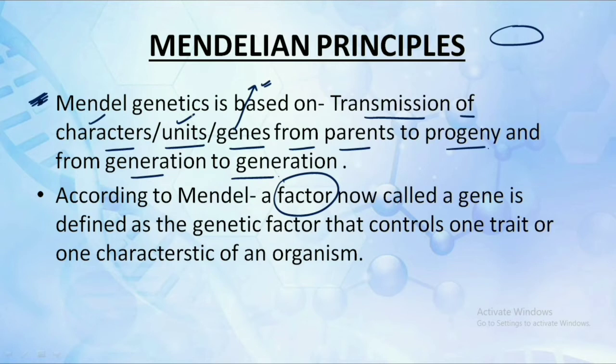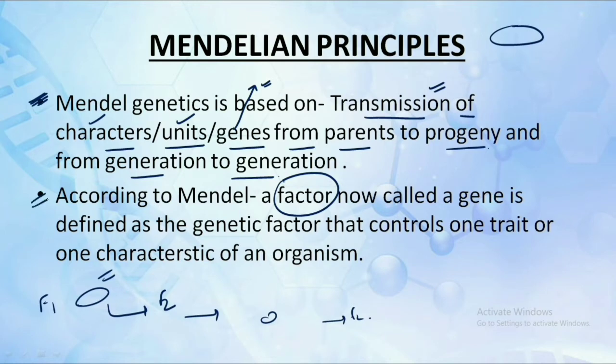So in Mendelian genetics we are studying the transmission of the genes from the parents to the progenies from generation to generation. That is, after we study the F1 generation, then we have the F2 generation and so on and so forth. This is what we study in Mendelian genetics.